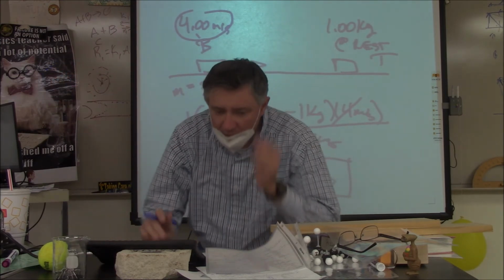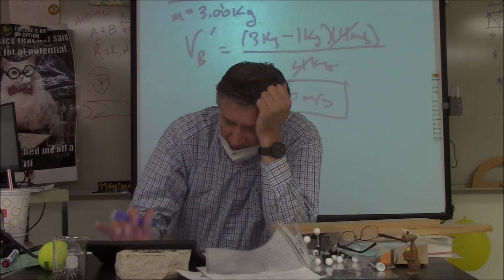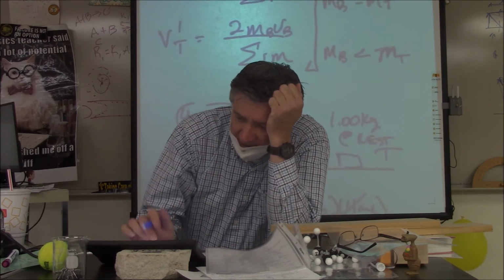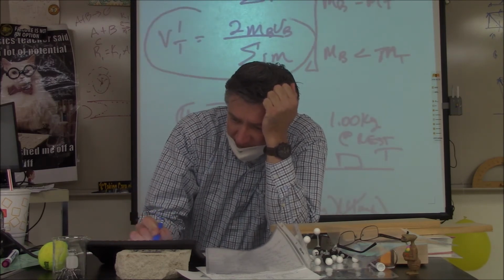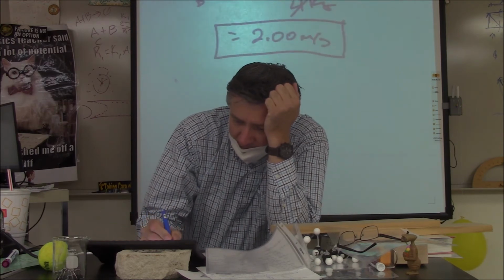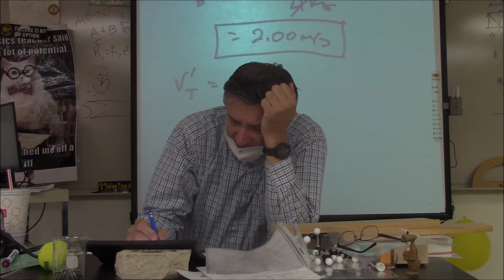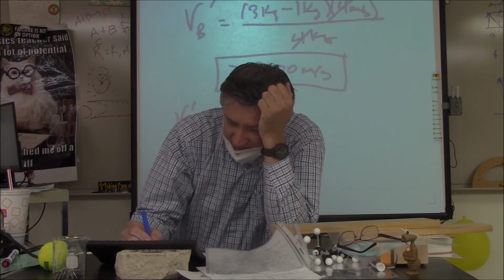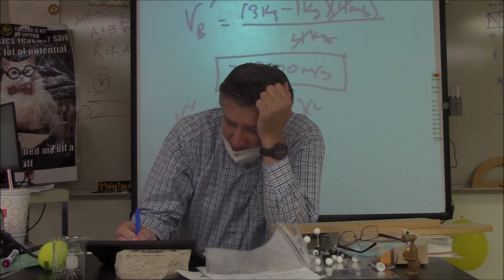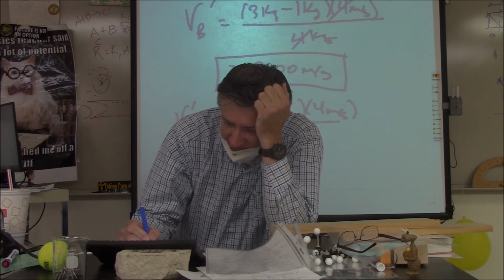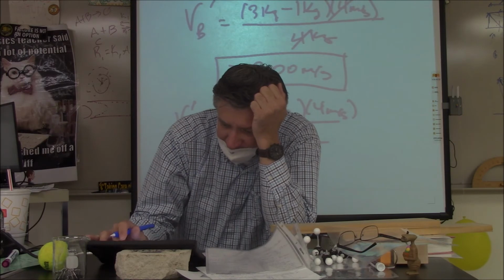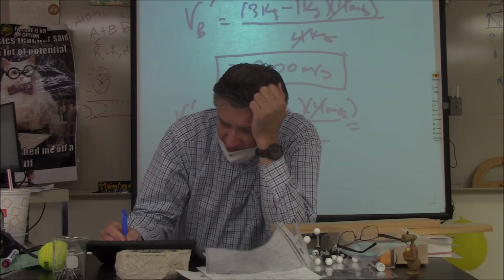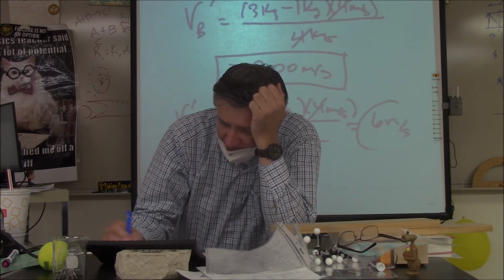Now I want to calculate the new velocity of the target. It's going to be 2 times the mass, which is 3 kilograms, times 4 meters per second, divided by 4 kilograms. The 4 is going to cancel out. I get 6 meters per second.